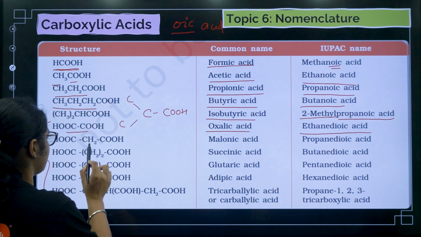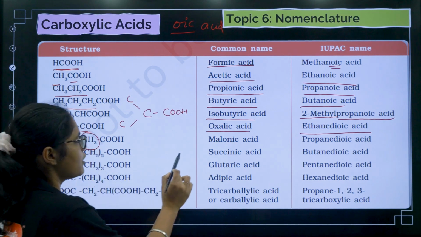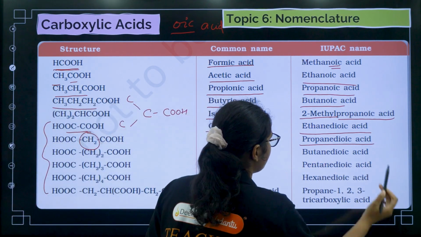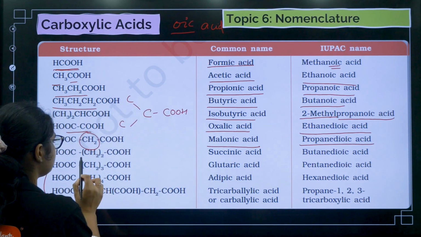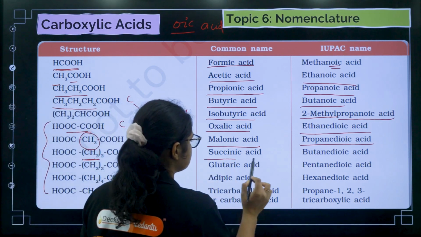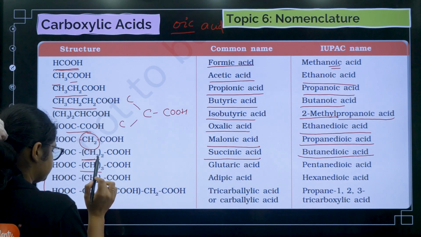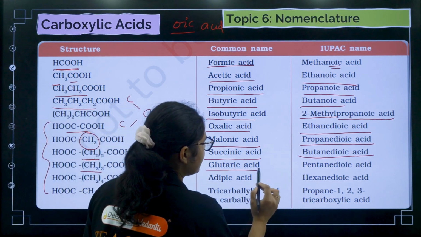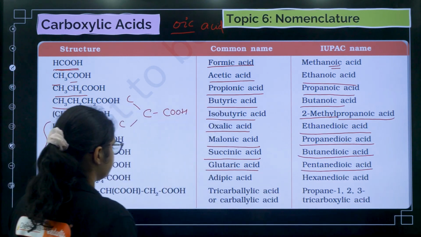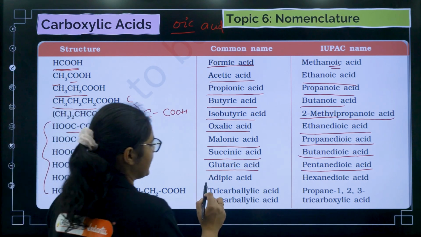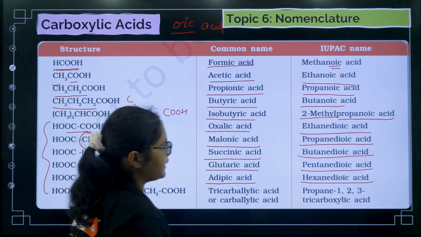Next, if you have 1 CH2 group here, we call it malonic acid or propane dioic acid. If you have 2 CH2 groups, then we have succinic acid or butane dioic acid. Next, with 3, we call it glutaric acid or pentane dioic acid, and with 4, we call it adipic acid or hexane dioic acid.